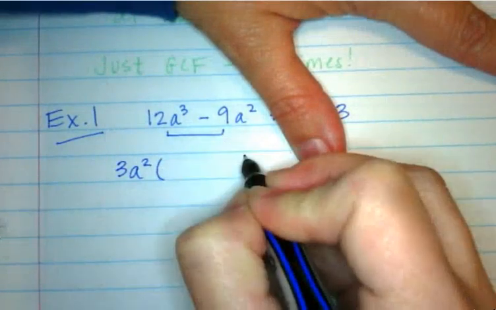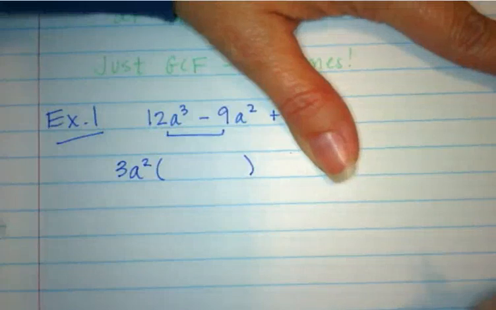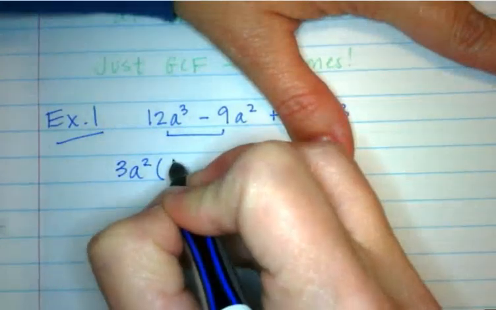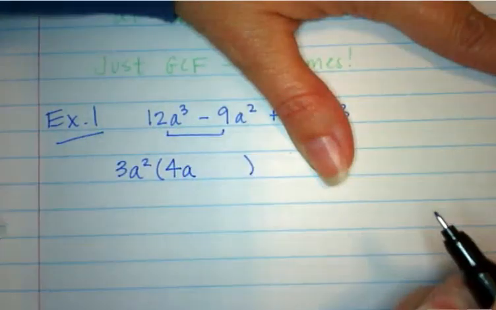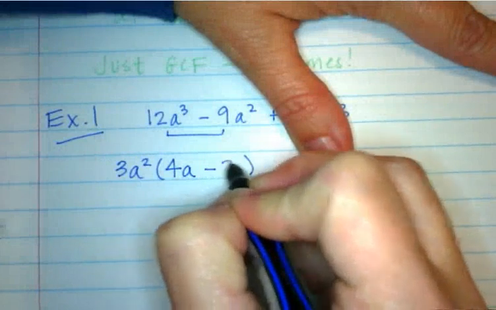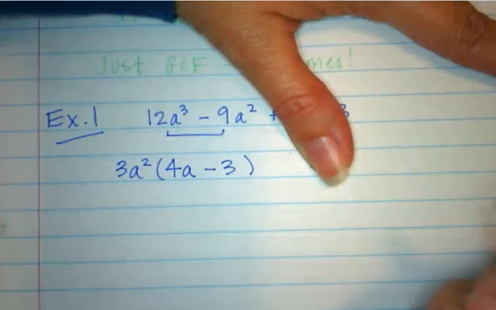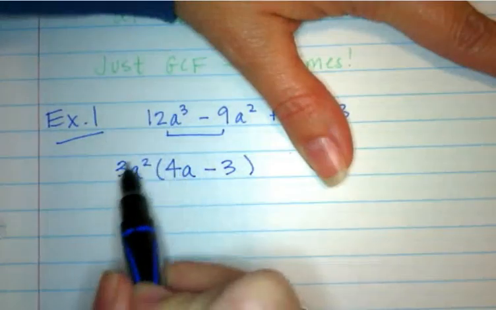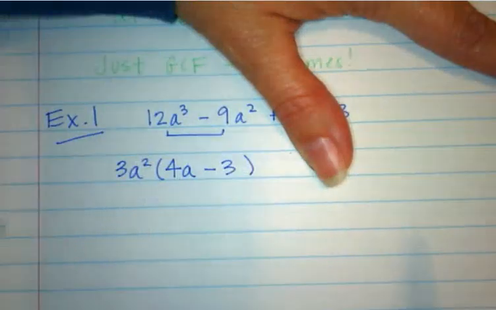If I take a GCF of 3a squared out of these 2, that leaves me with 4a minus 3. Remember, the way to check is to distribute.